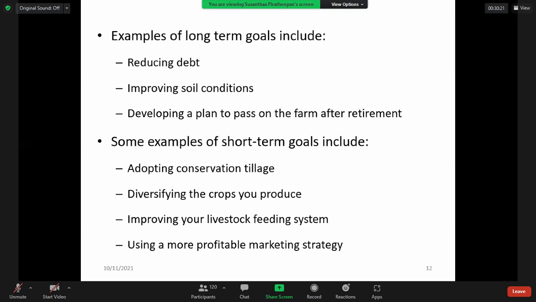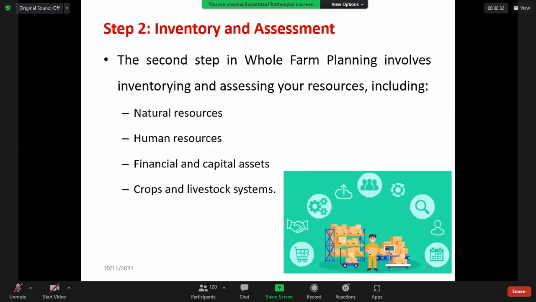Next, the second step is inventory and assessment. After setting a goal, we need to do the second step. The second step in whole farm planning involves inventory and assessment of resources.